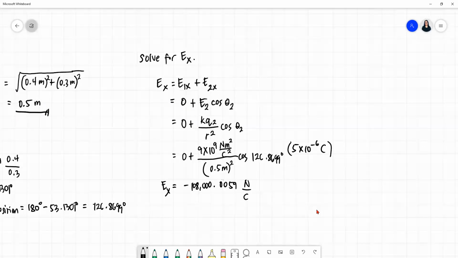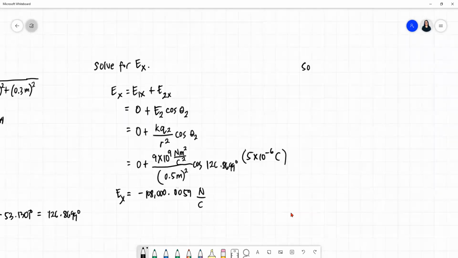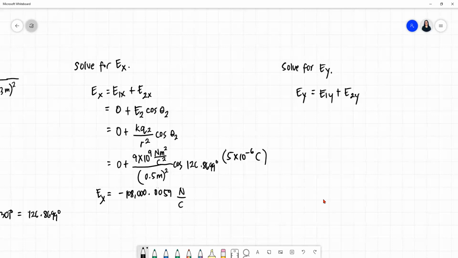So next is solve for the y component. E sub y is equal to E sub 1 sub y plus E sub 2 sub y. Okay. So we have E sub 1 y. It depends entirely on E sub 1, the total electric field, because there's no x component, so E sub 1 y is basically just equal to E sub 1.